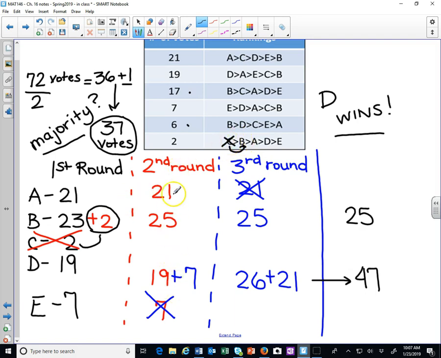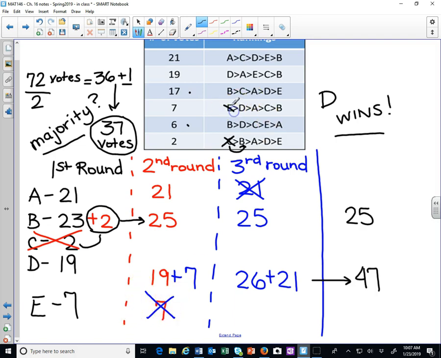So now in the second round, we have 21 for A still, 25 for B now because we've added those extra 2. C is gone, D has 19, and E has 7. All right, so in that one, the least number would be 7, so E will be eliminated.